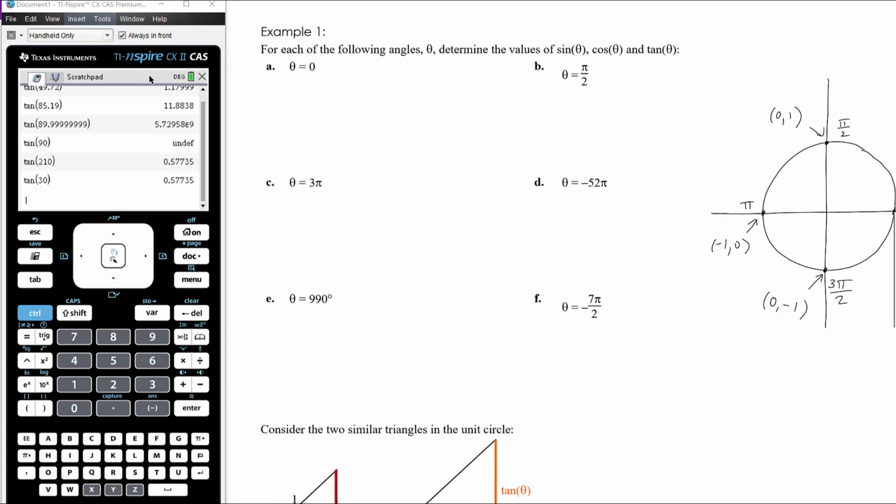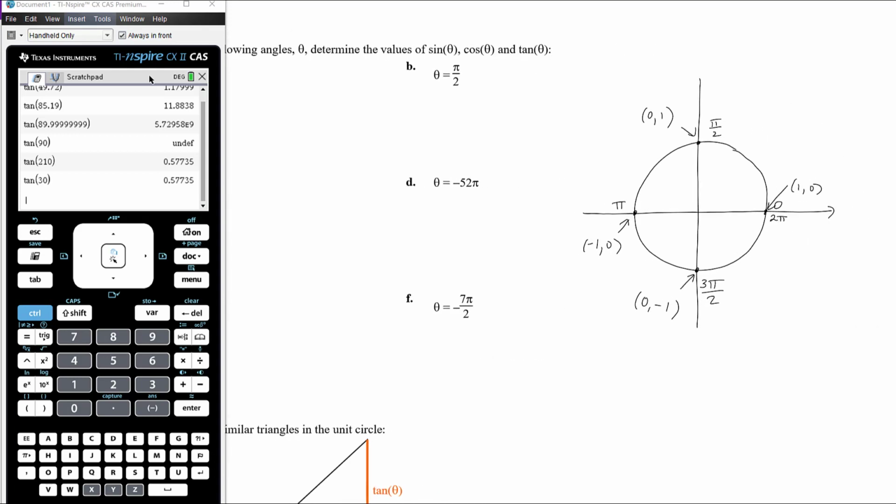So the first one is to find the values of sine theta, cos theta, and tan theta if theta is 0. So if we're at an angle of 0 degrees. So if we're here, the value of sine theta is the y-coordinate of that point, so 0. The value of cos theta is the x-coordinate of that point, so 1. And the value of tan theta is, now let me draw in my tangent, is the y-coordinate of that point, which is 0.